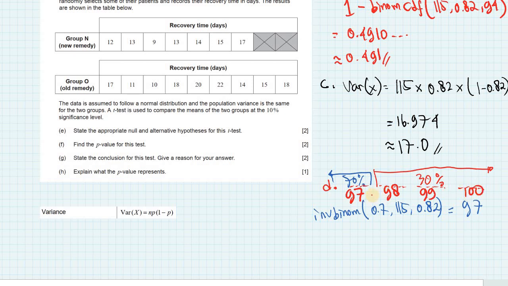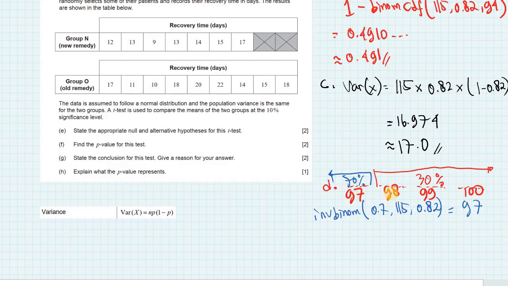Okay, let me explain again. Your calculator might have a different way. My calculator calculates from the left, so the one that I can calculate is the 70%. That's why 0.7 here, and to get 0.7, the number goes up to 97.